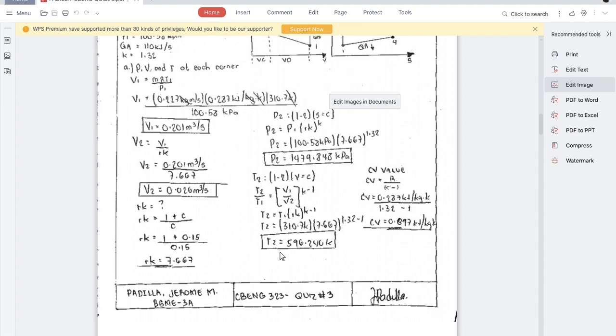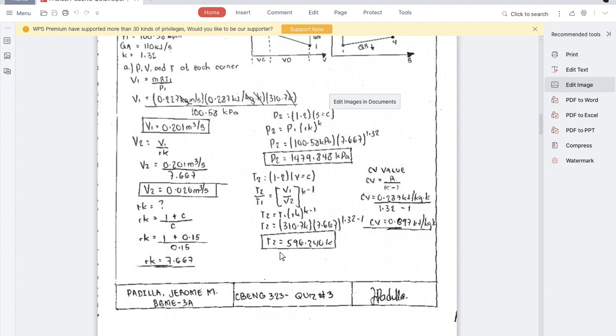For the P2, the formula we will use is process 1 to 2, s equal to c, or P1 V1 raised to k equal to P2 V2 raised to k, so P2 equal to P1 rk raised to k.